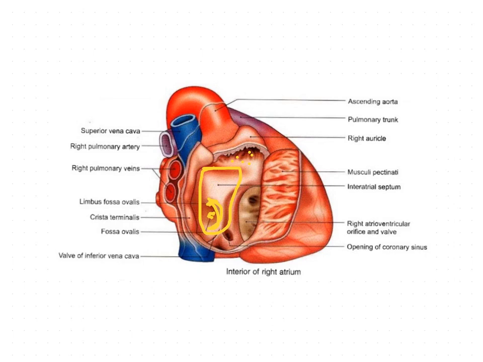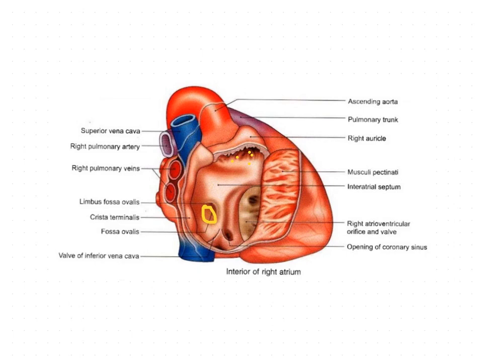Surrounding this fossa, there is a prominent margin. This prominent margin represents the lower free edge of the septum secundum. The fossa represents the septum primum, whereas the prominent margin represents the septum secundum.